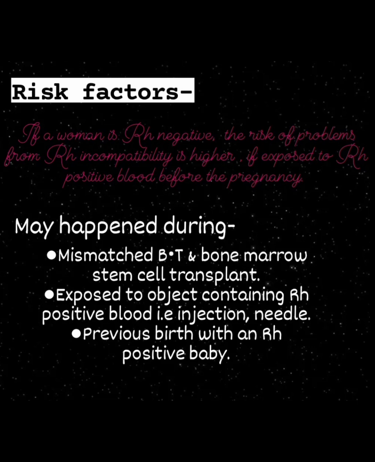Next one is, certain tests can expose her to Rh positive blood, for example amniocentesis and chorionic villus sampling. Next one is, a previous birth with an Rh positive baby, then there are chances to develop Rh incompatibility.